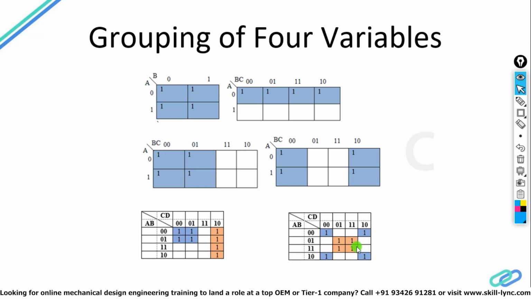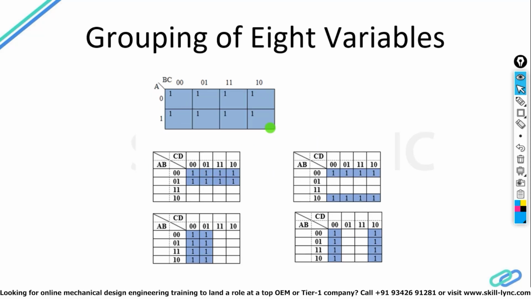You can make a centralized 4 ones also. You can make corner ones also, but diagonal pairs are not allowed. Okay, so this is the grouping of 4 variables. Till this point we have seen how to make a group of 2 variables and how to make a group of 4 variables. And a 4 variable group is known as a quad pair.